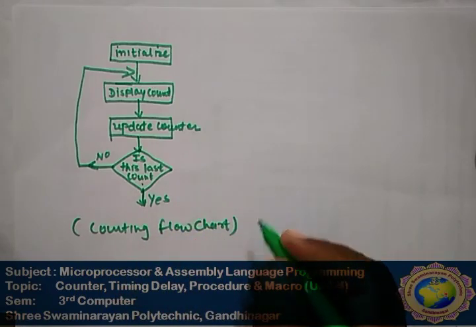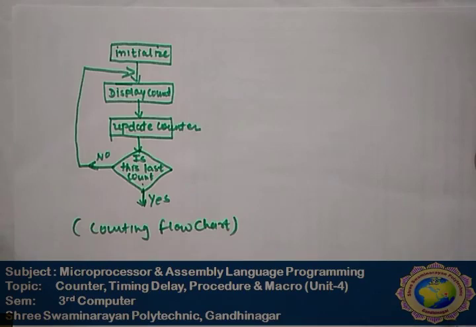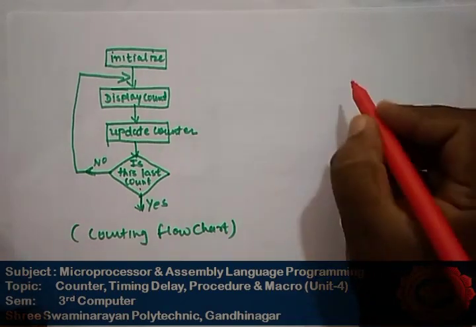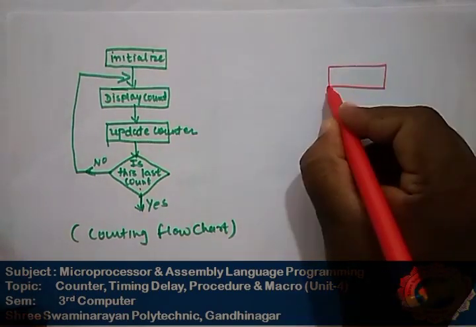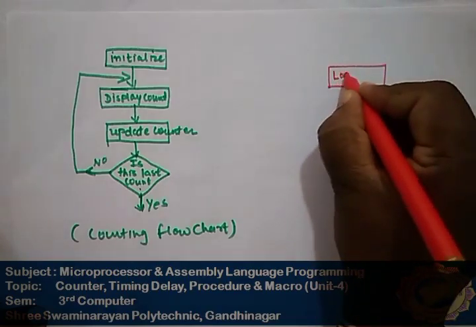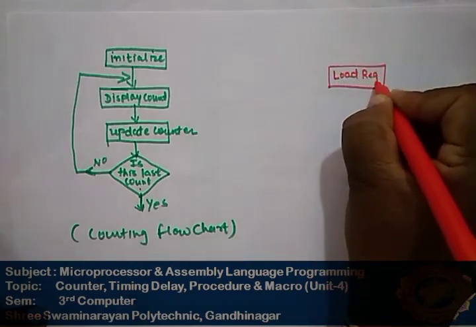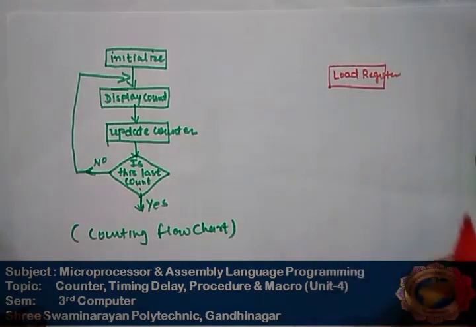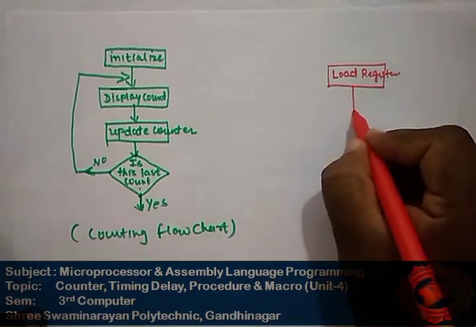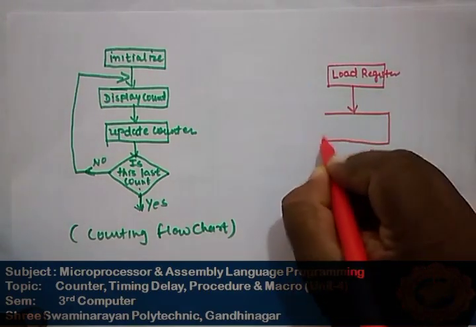Now the same occurs in the timing delay. There is a requirement of an exact timing delay. So first we have to load the register. Then we have to decrement the register.